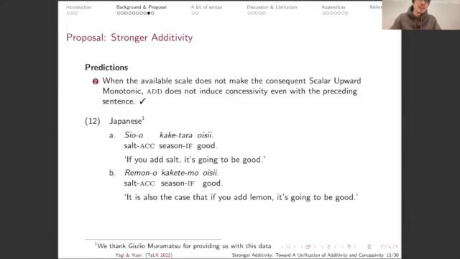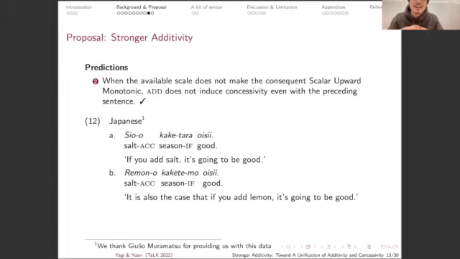The second prediction is that when the available scale does not make the consequent scale upward monotonic, then additivity means just additivity. Although we require strong additivity, if there's no scale that makes the consequent upward monotonic, we only see the effect of additivity. And actually, in Japanese, at least, it's pretty hard to find such an example. But here's a nice example from a cooking recipe book.